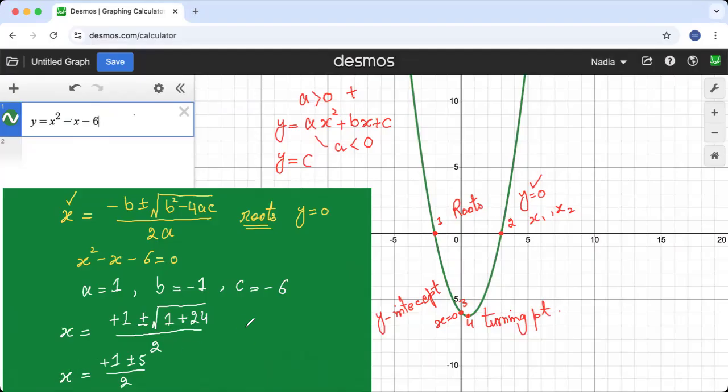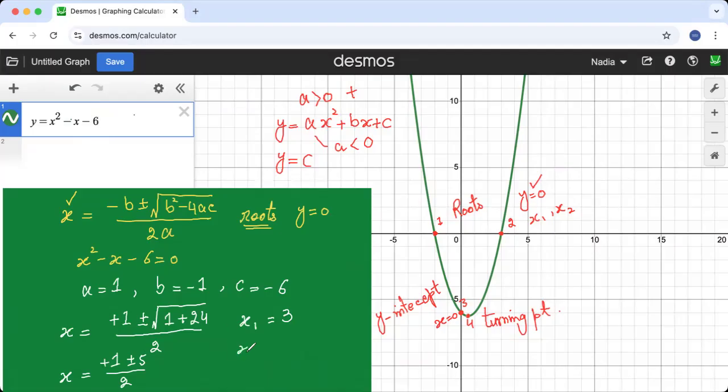Now you can see that there are two values of x. The value number 1 of x is when we consider that this 5 is a positive number, so +1 plus 5 is +6, divided by 2, the answer is +3, which is our point number 2 over here.